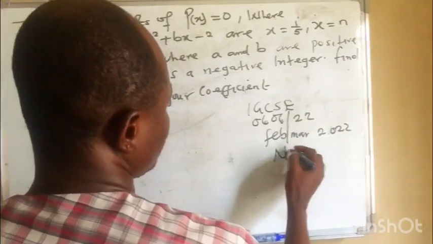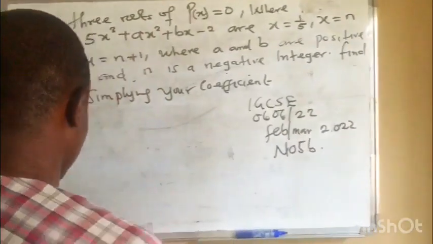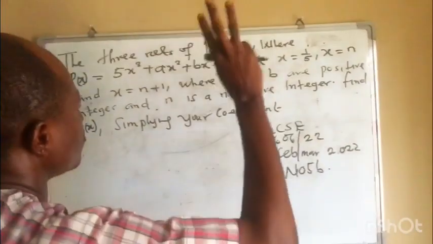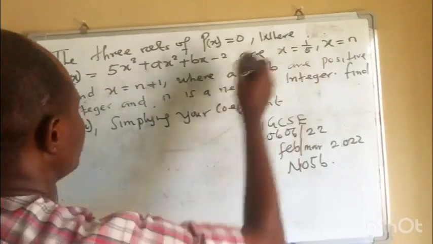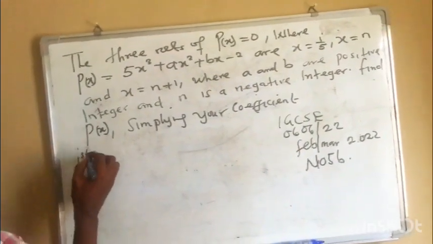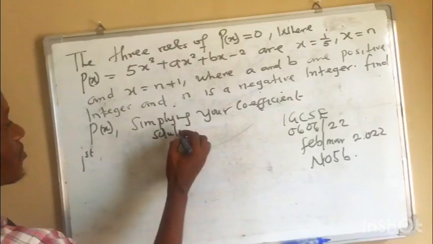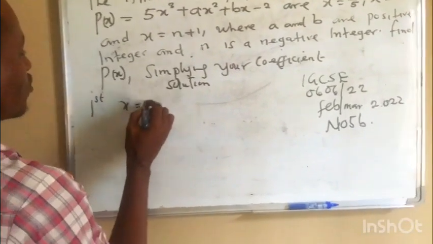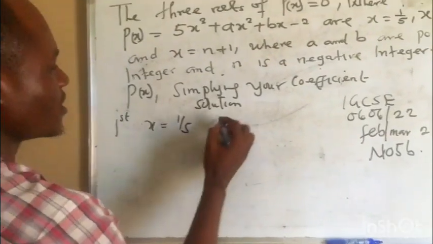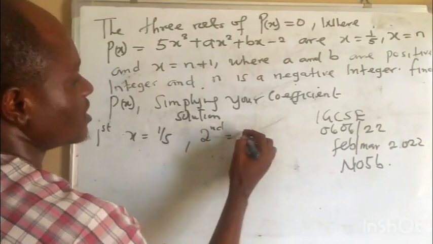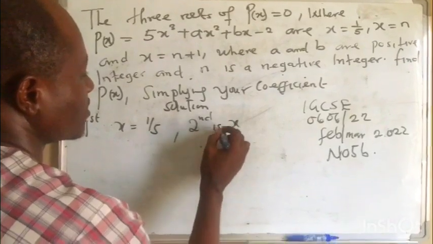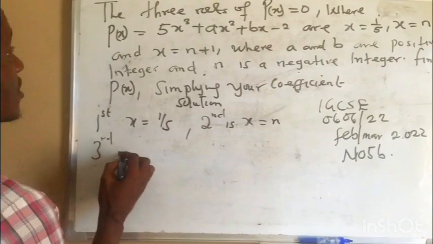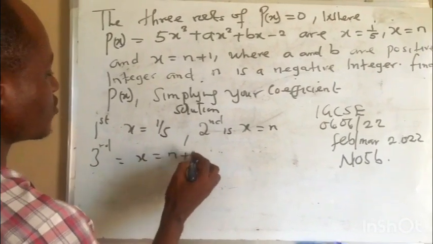This question is 5B. Now if you follow this question properly, we are given that the three roots of P of x are, the first root, x equals 1 over 5. The second root is x equals n, and the third root is x equals n plus 1.